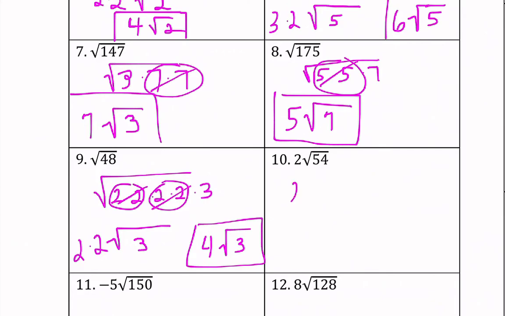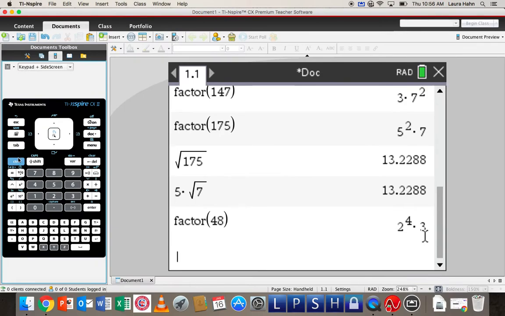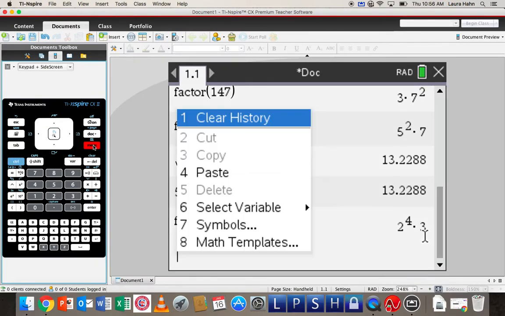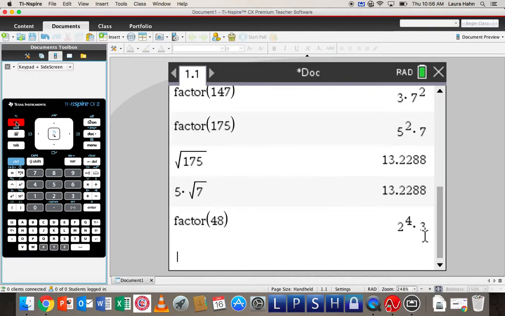So I have 2 square roots of, and now I'm going to go factor 54 and break it down. Menu, number, factor, and this time we are factoring 54.